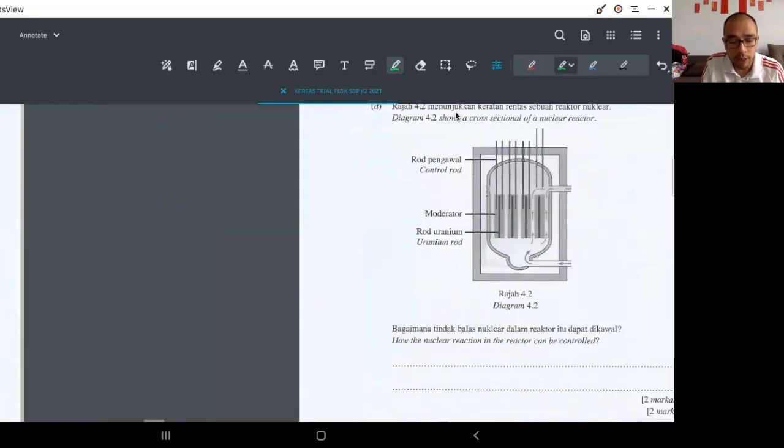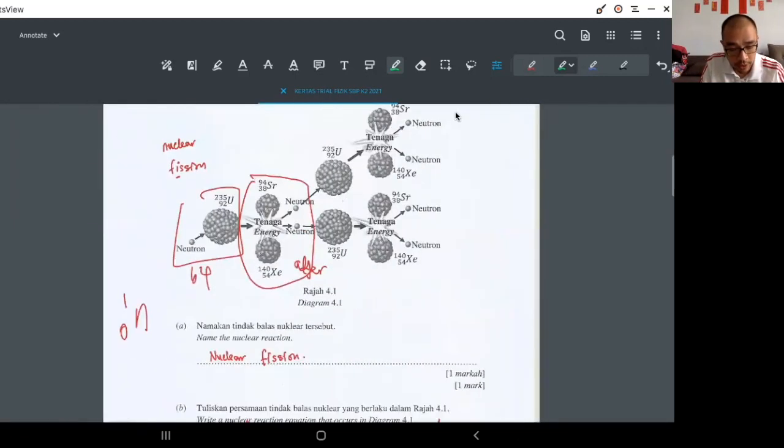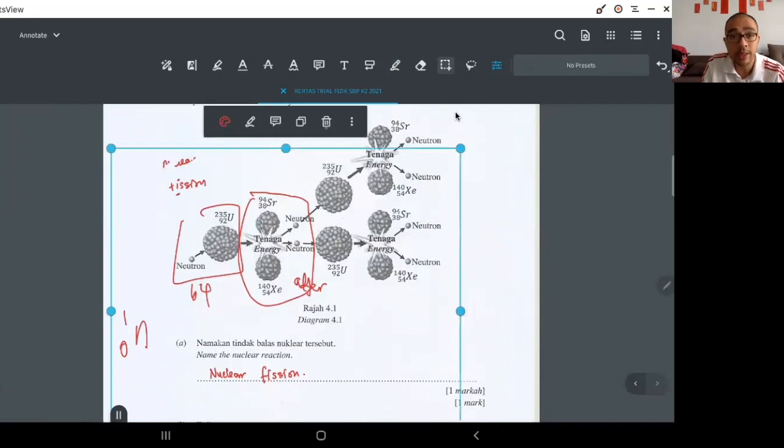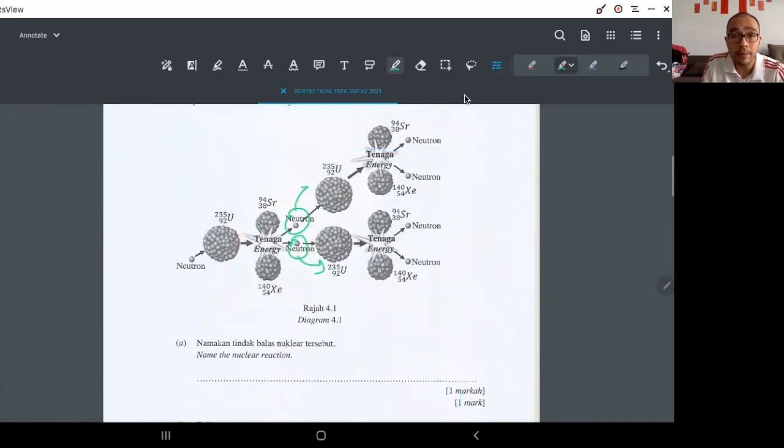Because if you look at this diagram, when a chain reaction happens, you have this neutron here and this neutron here. So this neutron goes to here, this neutron goes to here. And then after that, when the energy is released again, you produce another 2 neutrons each, 4.